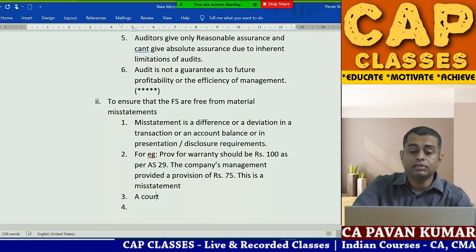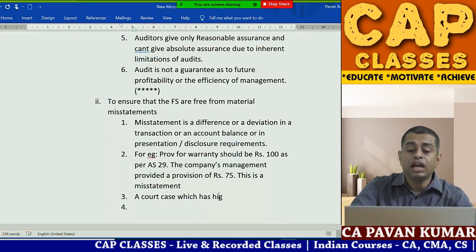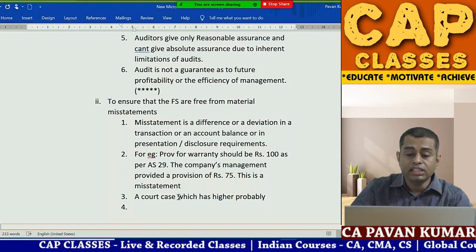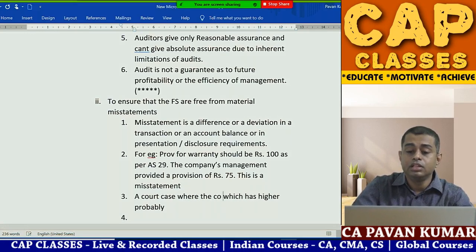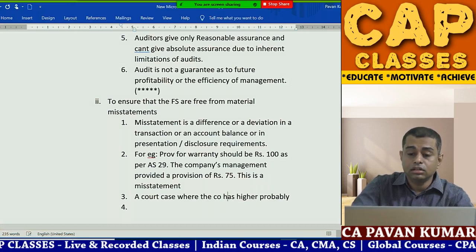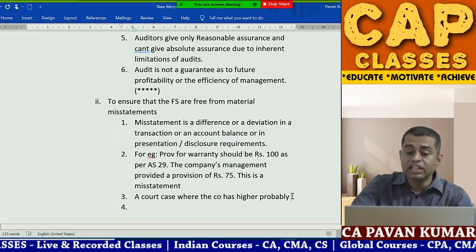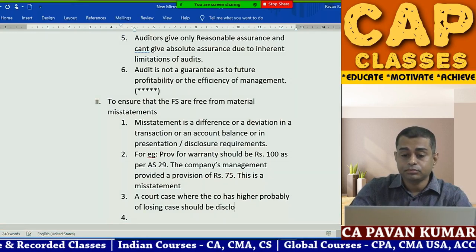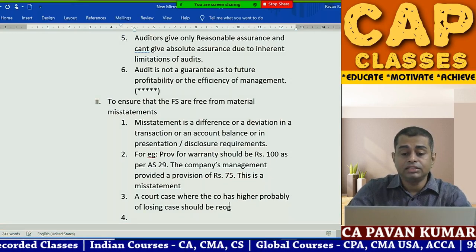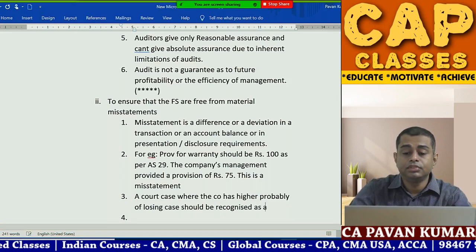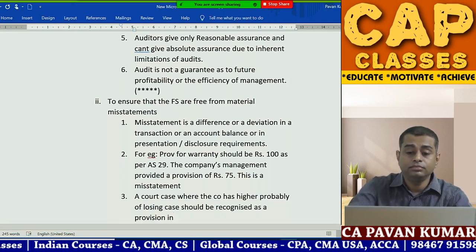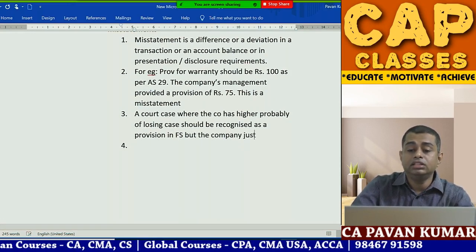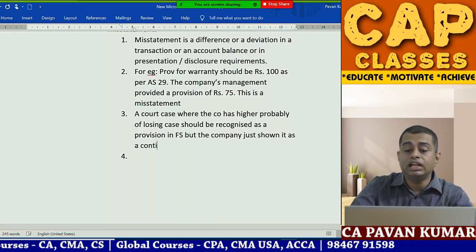A court case where the company has higher probability of losing the case should be recognized as a provision in financial statements, but the company just shown it as a contingent liability.